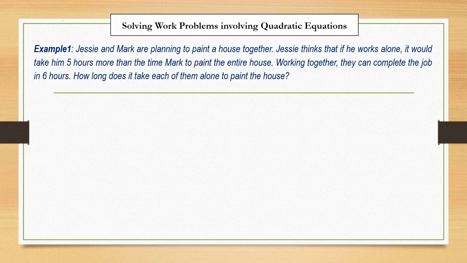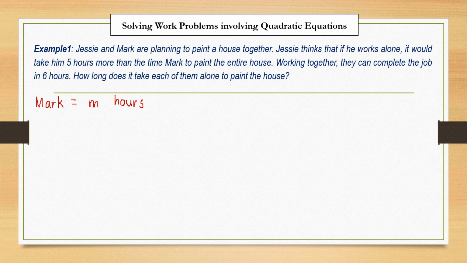So first, let us assign a variable that will represent the number of hours that Mark will finish the job. So let's say Mark, working alone, will finish the job in m hours.